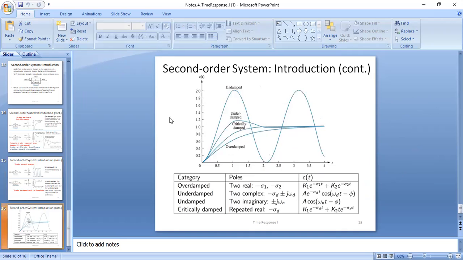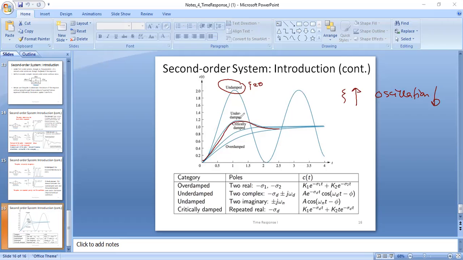Now this is the last slide. As I told you, zeta equal to 0 means no damping, undamped, so maximum oscillations. This part is your underdamped. As you increase zeta, your oscillations decrease, right?